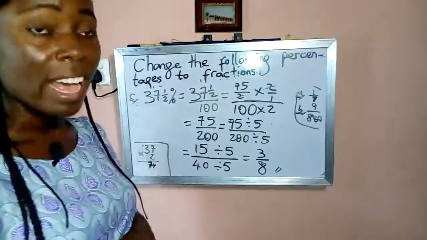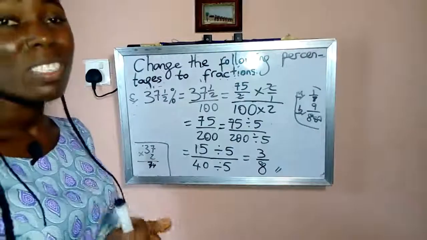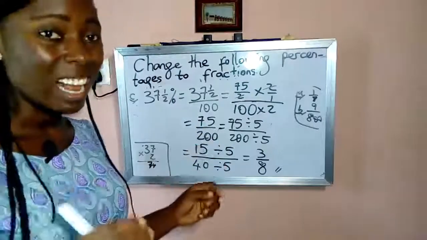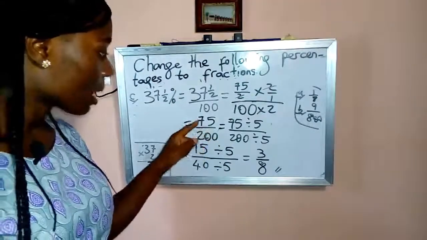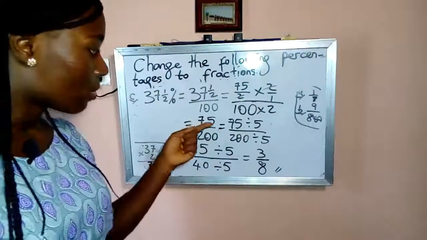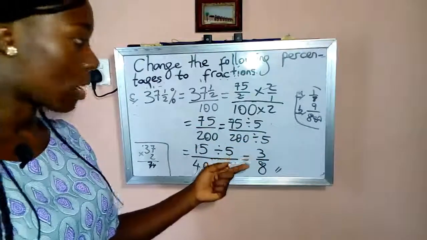That satisfies the law of divisibility by 5. For a number to be divisible by 5, that number should have either 5 or 0 as its last digit. So 5 can go into this and also 5 can go into this. So we have 75 divided by 5 and also 200 divided by 5. Let's see what we'll get.